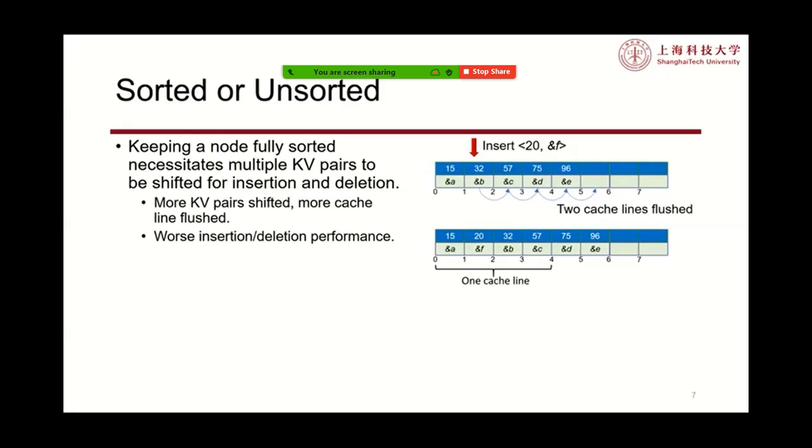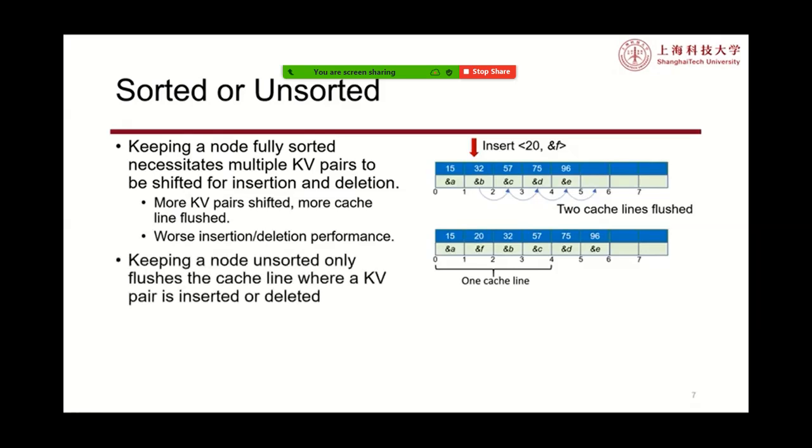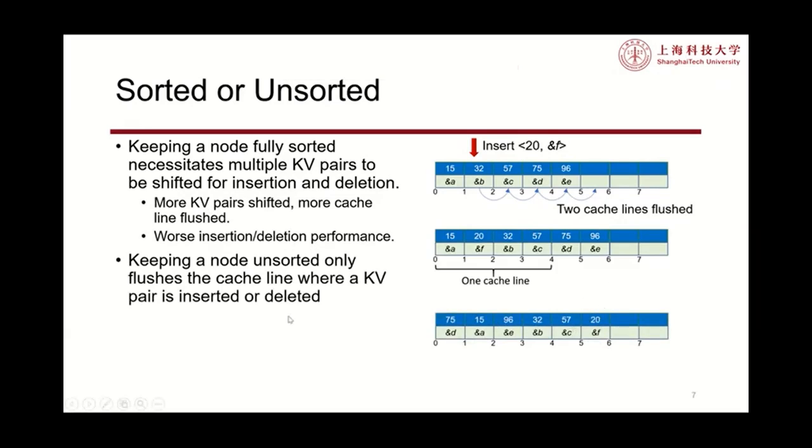On the other hand, when we keep a node unsorted, like NV tree here, when we insert a new key value pair, we just append the key value pair here. So we only modify this cache line, and we just need one cache line flush. That means the insertion performance is quite good for unsorted nodes.